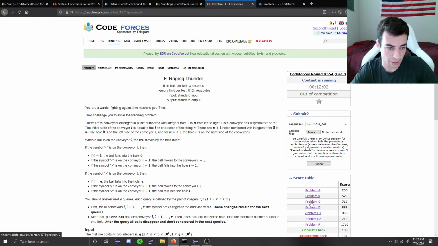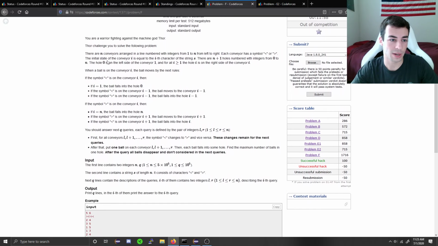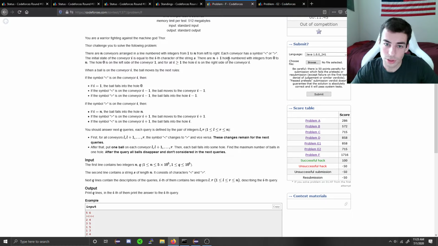You're a warrior fighting against the machine god Thor. Thor challenges you to solve this problem. All right, cool. There are n conveyors arranged in a line with integers from 1 to n left to right. Each conveyor is either left or right. Initially, the state of the ith conveyor is equal to the ith character of the string. There are n plus 1 holes, numbered 0 to n. Hole 0 is the left side of conveyor 1, otherwise they are between the conveyors. When a ball is on a conveyor, it moves by the following rules.